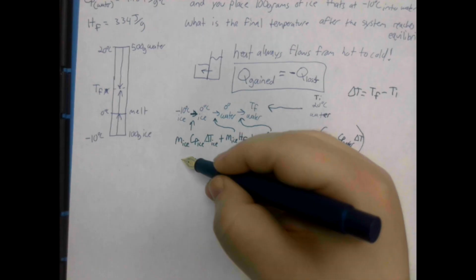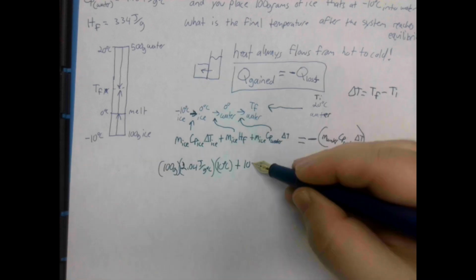So I started out with 100 grams of ice, which has a Cp of 2.04 joules per gram degree Celsius. The change in temperature is 0 minus negative 10, so that's a positive 10 degrees Celsius. Heat of fusion, so 100 grams times 334 joules per gram.